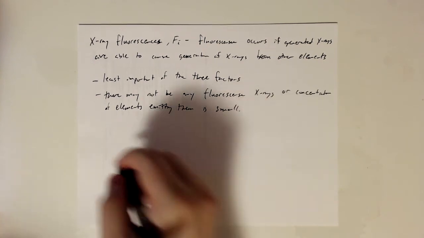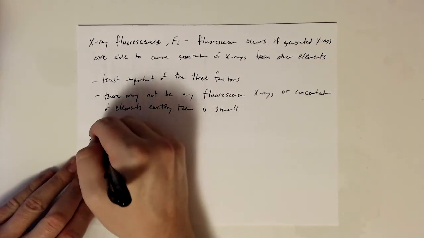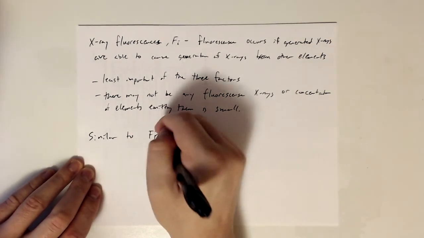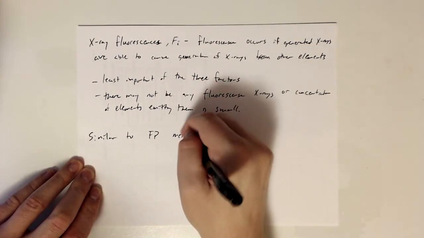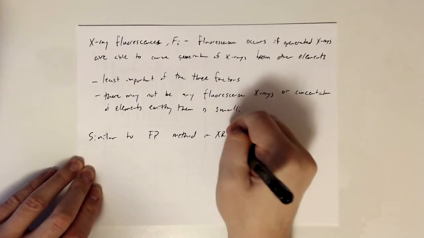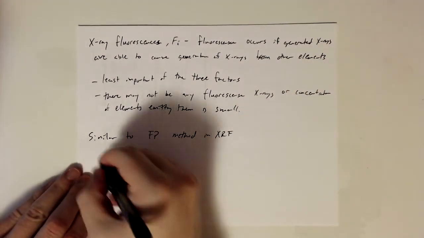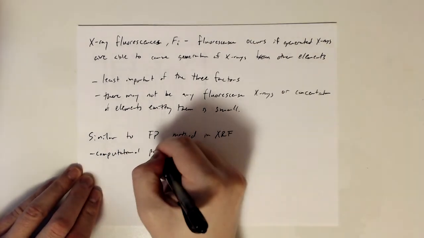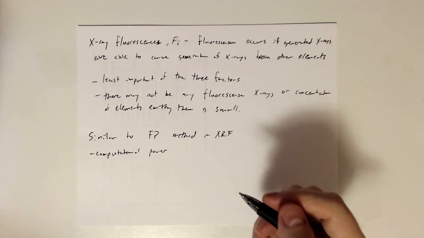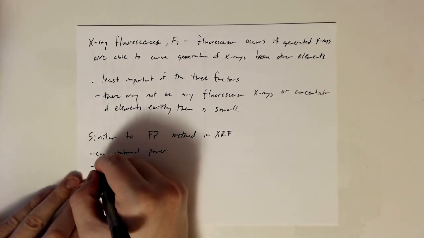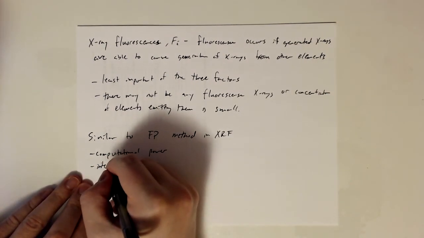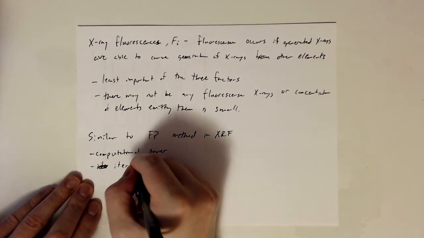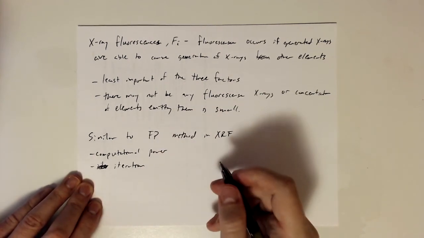All right, so this whole thing that we've talked about, the ZAF method, is similar to the fundamental parameters method in XRF because it requires computational power, which again is not a problem, right? We can do that. And in a similar way, I haven't shown you any calculations because it's this iteration that it does within the program.